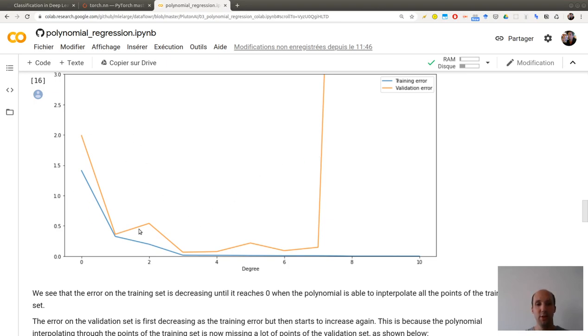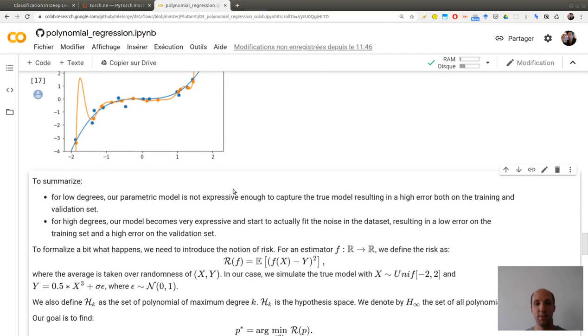So it's not over there, it's not over there, it's around here, and actually between 3 and 4. So you see that here we are recovering the true degree of my model without knowing it, just by doing carefully the fit on the train, and then looking at the error on my validation set.